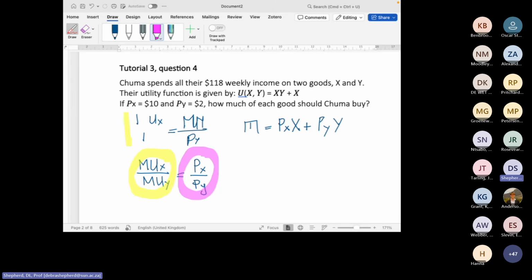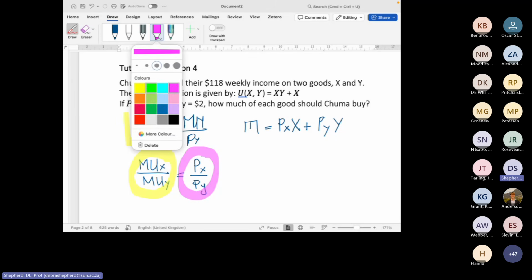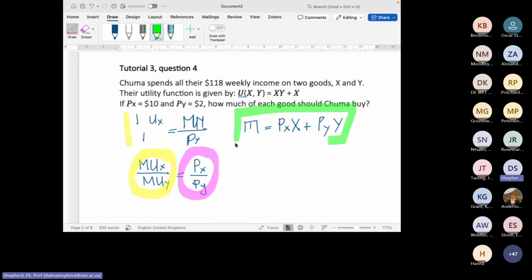Okay, so these are the things that need to be satisfied for a consumer to be consuming at their optimal point. So we're going to use these conditions with the information provided in the question in order to solve for how much of each good should Xuma buy.